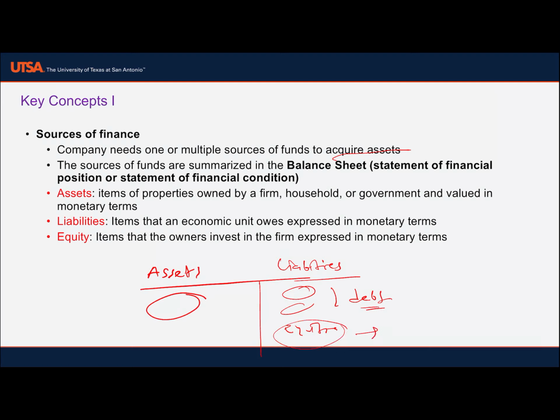They're debts. And equity is the items that owners invest in the firm, expressed in monetary terms. Equity is the capital.